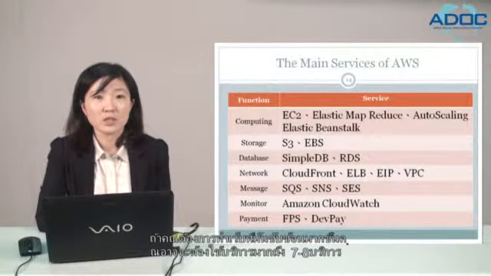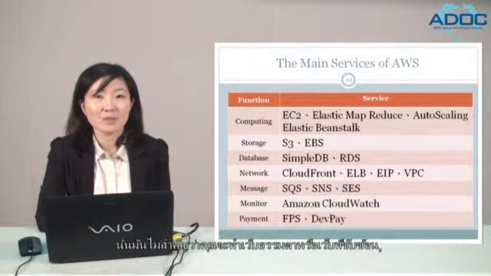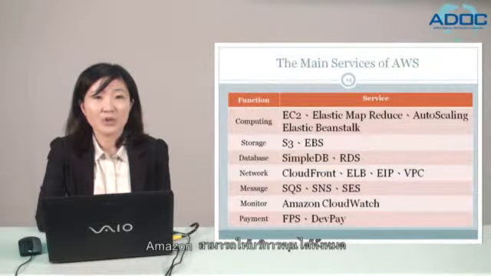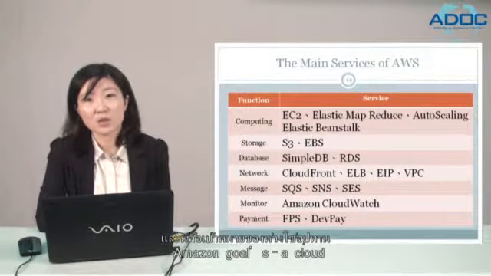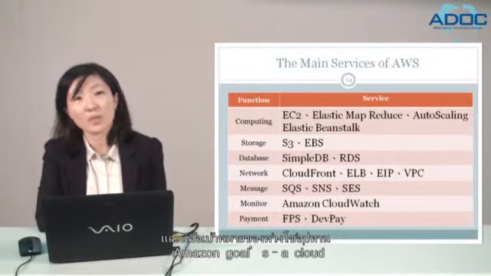If you would like to develop a more complicated one, you might need 7 to 8 services. But no matter whether the web services are simple or complicated, Amazon can satisfy all your needs, and this is Amazon's goal, a cloud supply chain.